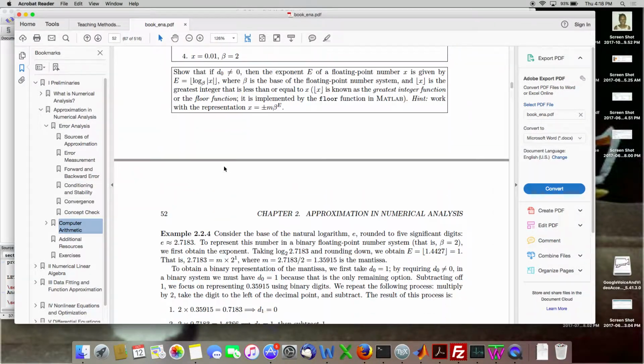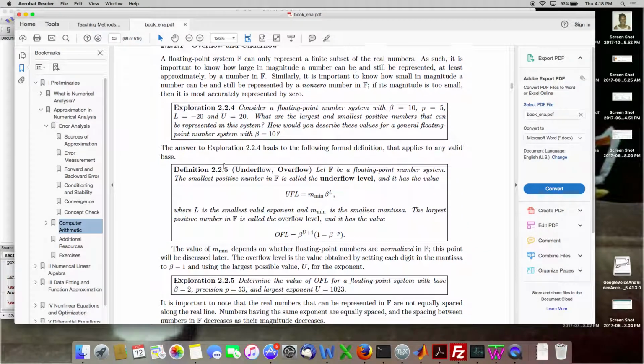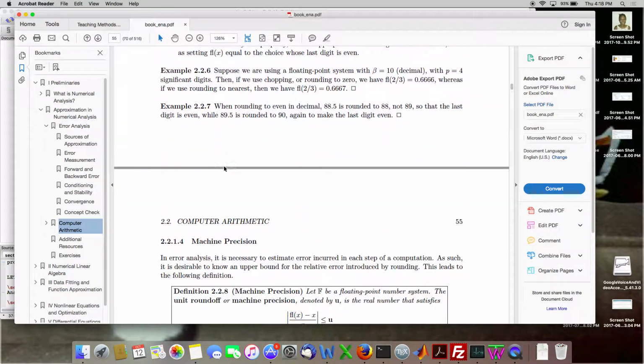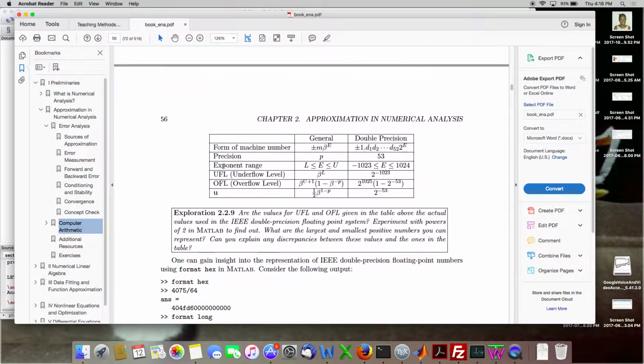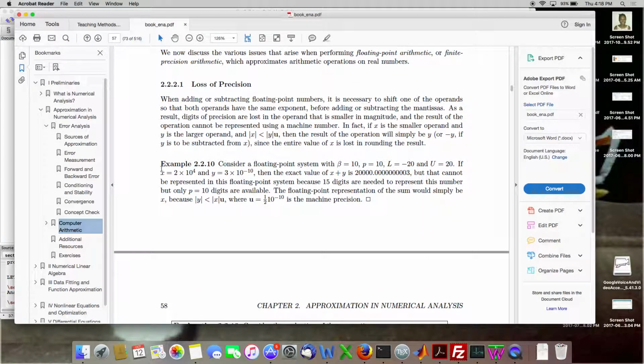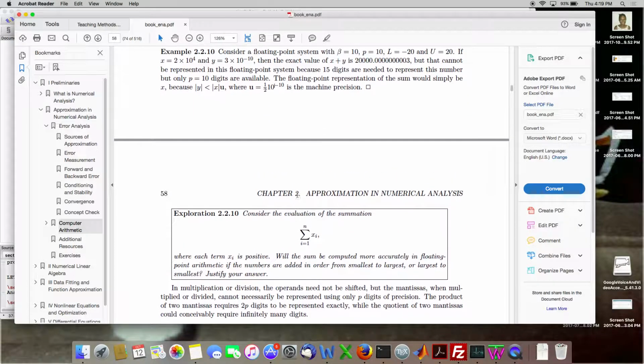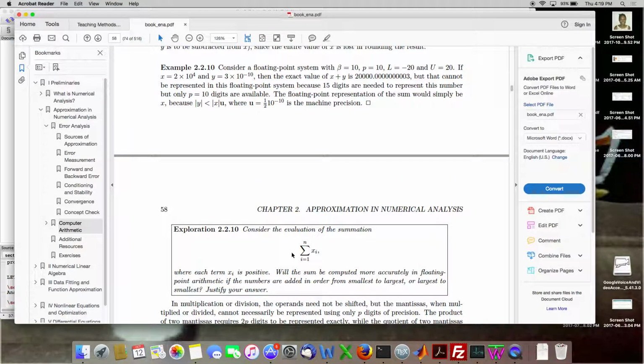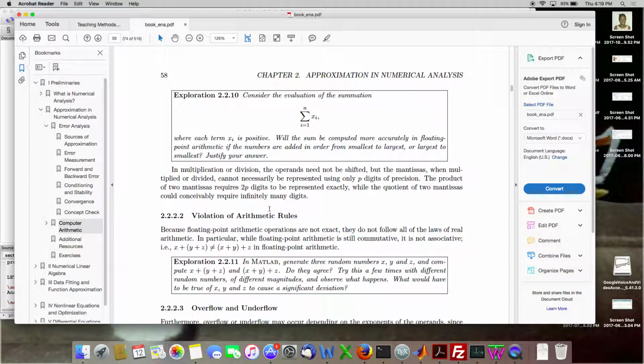One thing I want to point out about the floating point arithmetic section in particular is that recently I've put in some new examples toward the end of the section. Here's a new example about loss of precision and how that affects arithmetic operations, which relates to this exploration and the next one.